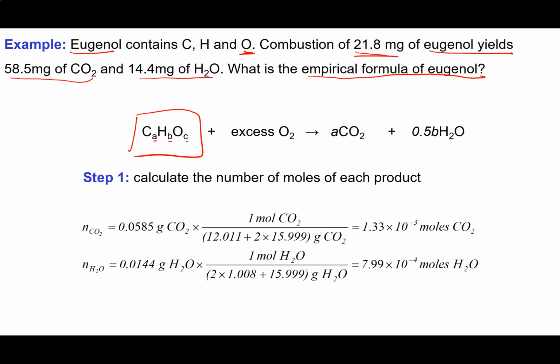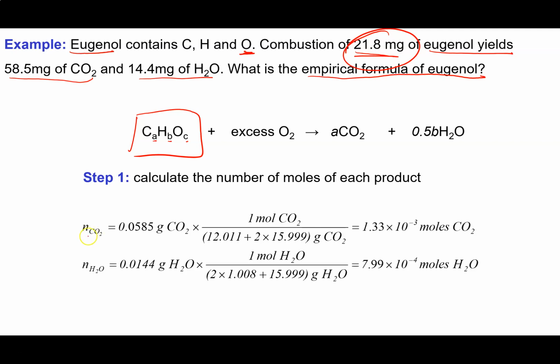I'm going to use the same steps as before. Once I've got those numbers of moles, I'm then able to turn those into masses and subtract them away from my total mass, and you guessed it, that's going to give me my mass of oxygen.